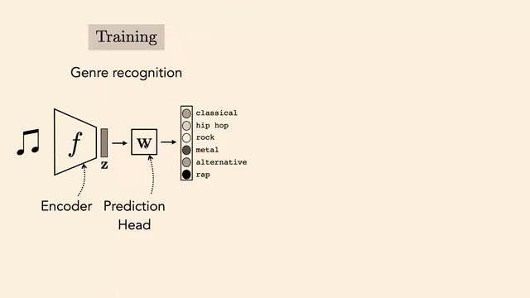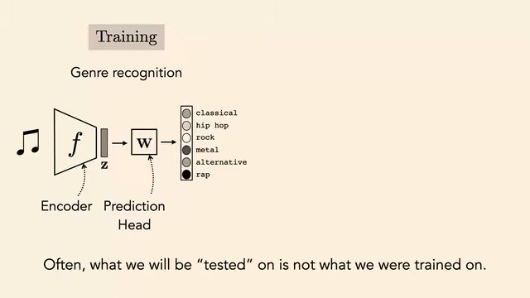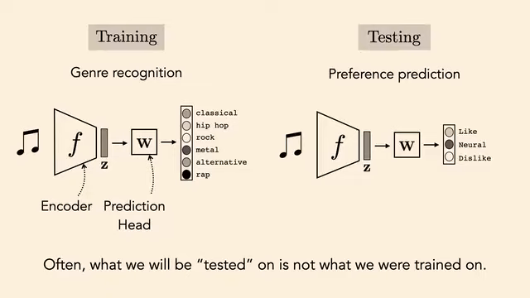But often what we're going to be tested on is not the same as what we've trained on. Maybe we invested $1 billion to train the Spotify sound recognition system. We don't want to use $1 billion to solve a new task, because maybe the next year we realize we also need to predict if users like the music or not, so we can give them recommendations.